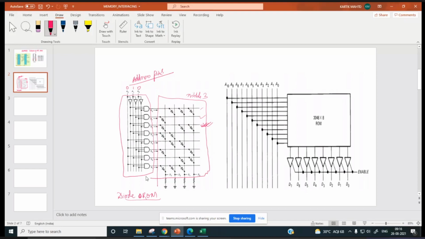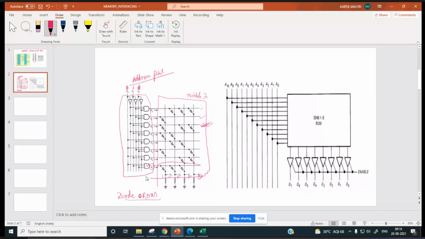If I put all 1 over here, then this R7 gate will be enabled, and the data stored in the 8th position will come out from these data lines D0, D1, D2, D3. So right now it will be 1 1 1 0 if all are 1.